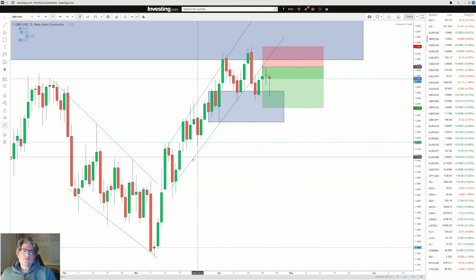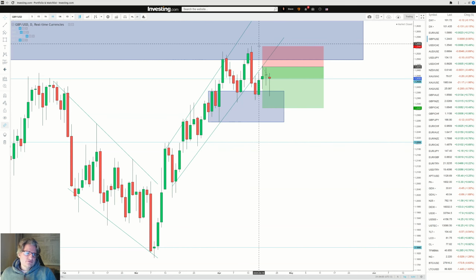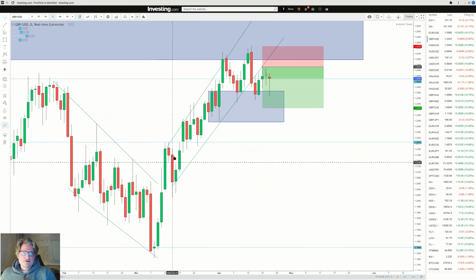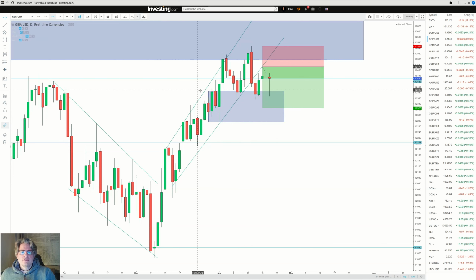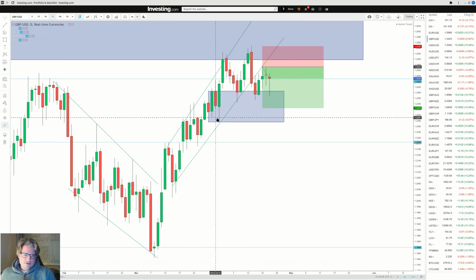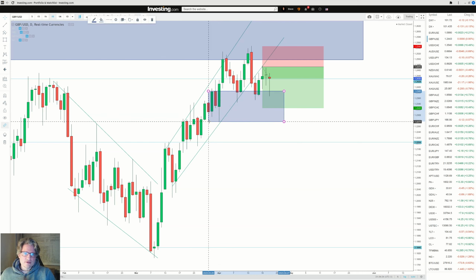Let's see if we can find another one that I can explain clearly here on the cable. So almost kind of the same situation. Prices moving higher, there's some kind of pause in the move higher, and then there's a continuation strongly going higher. So this pause here, this candle, for me indicates the area where there's a demand zone, but because this bullish candle had a long wick, I placed the bottom of the zone here at the bottom of the wick.